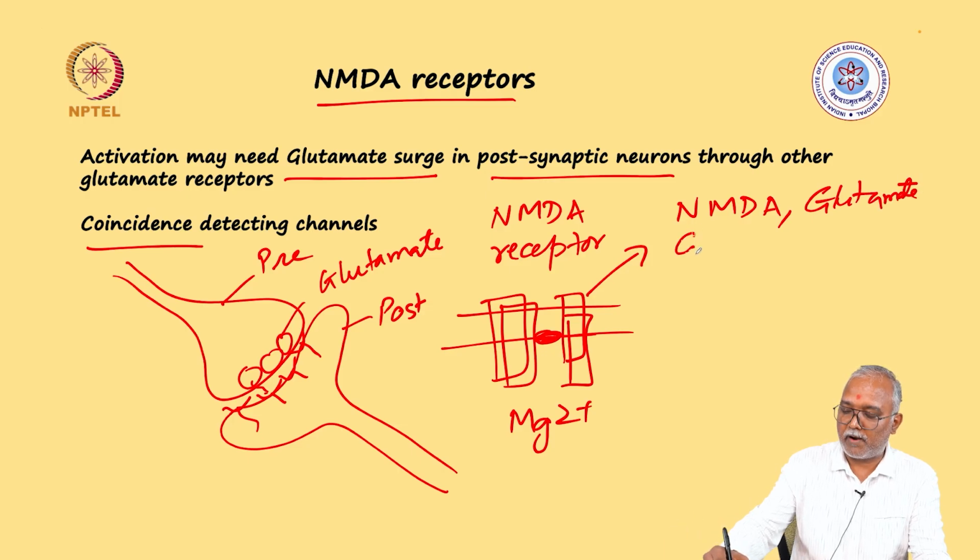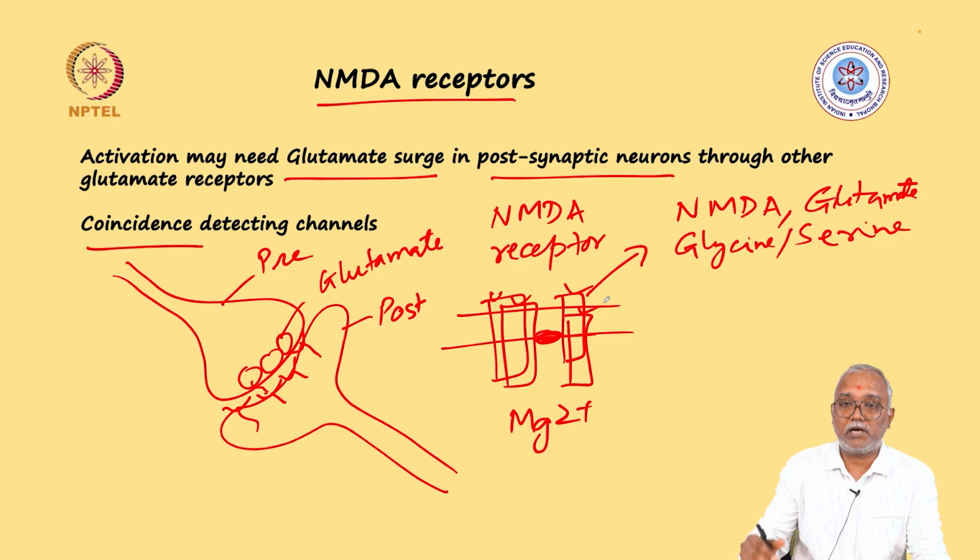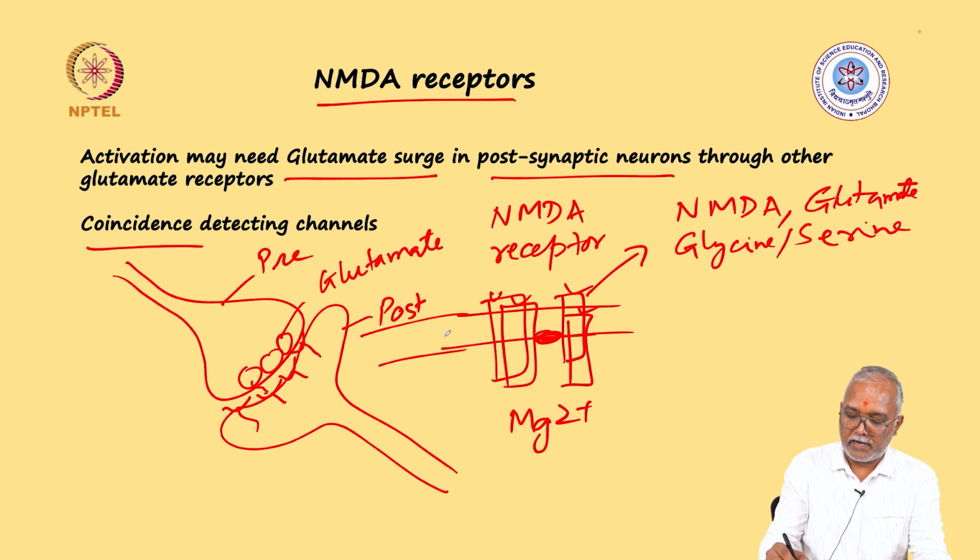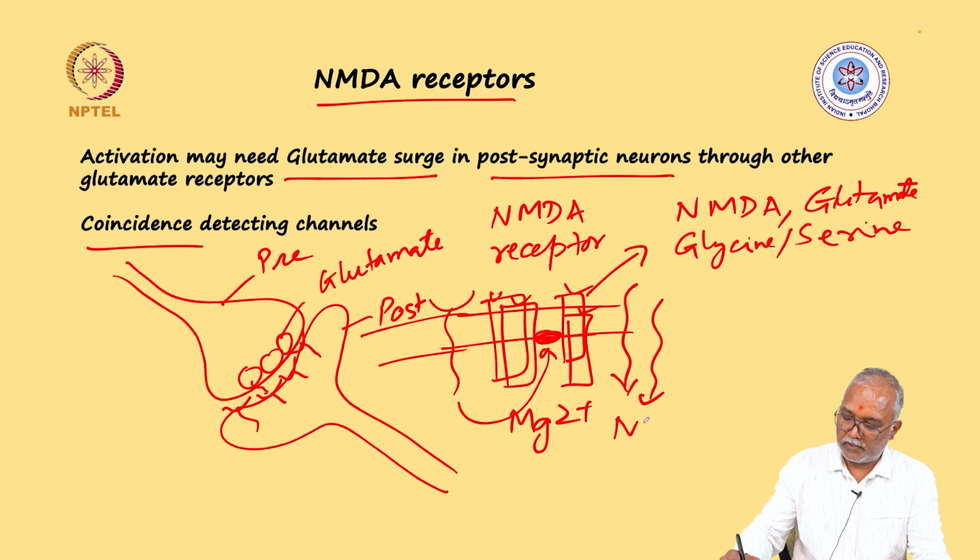In addition, it binds to glycine or serine. So binding of all these molecules on this receptor may still not activate the channel. You need to dislodge this magnesium for the activity of this channel. So if in the vicinity another receptor is activated, which now helps in the removal of this magnesium, you will see ions moving in, sodium or calcium.